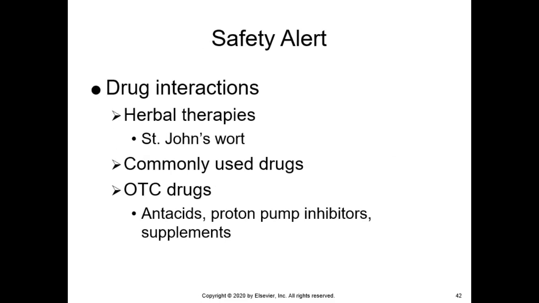And then the other thing to look at is there are a ton of interactions, especially with the over-the-counter drugs. So we need to do a thorough medication history for our patient who is on antiretroviral therapy or if they're considering going on it, and also look at their herbal therapies.